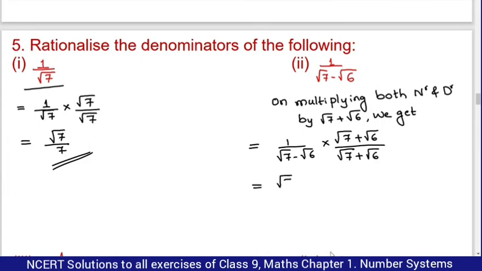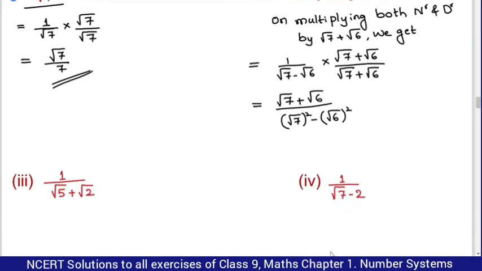It is equal to (√7 + √6) divided by (√7)² − (√6)². Now this is equal to (√7 + √6) divided by 7 − 6, or this is equal to √7 + √6, which is the required answer.